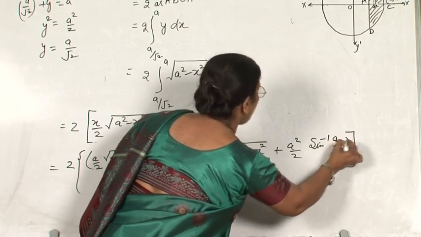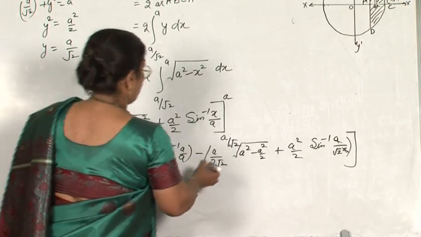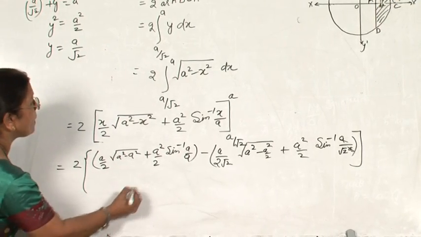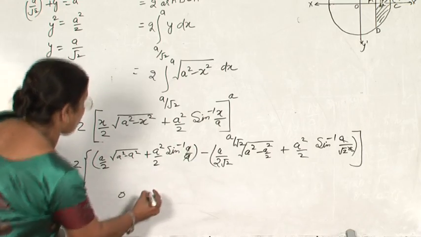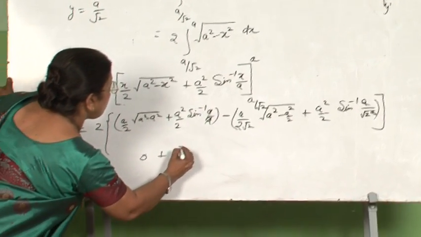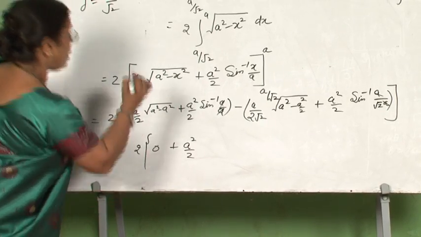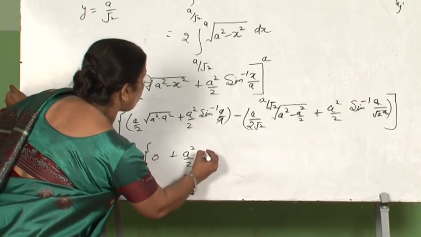Now, this a cancels, this becomes 0, a square by 2, here also a cancels. So, this is a square by 2 sine inverse 1, which is pi by 2.